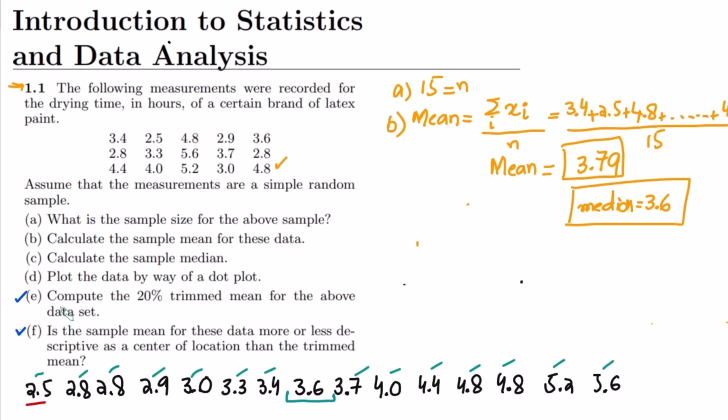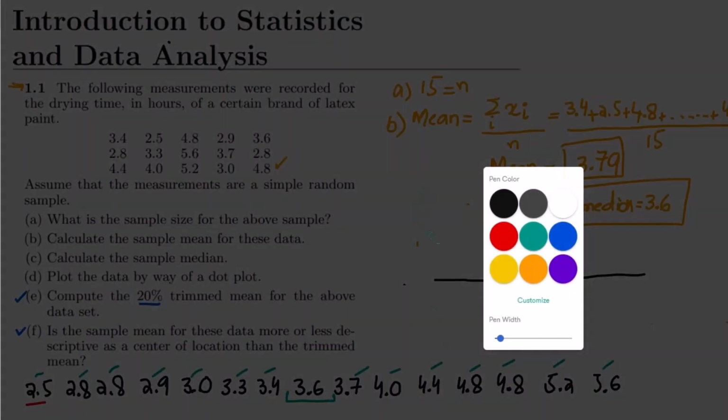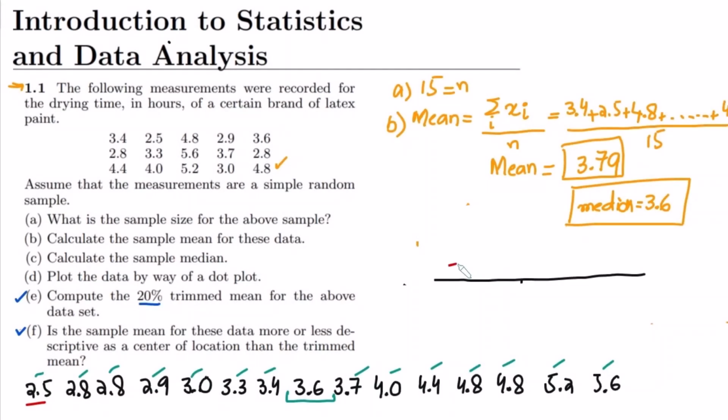Part E, we are asked to compute the 20% trimmed mean for the above data set. So what is meant by the 20% trimmed mean? What do we have to do? If this is the overall data set, we have to trim 20% from the lower end and 20% from the upper end.